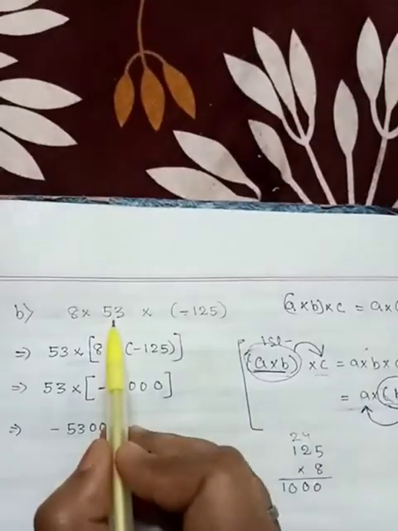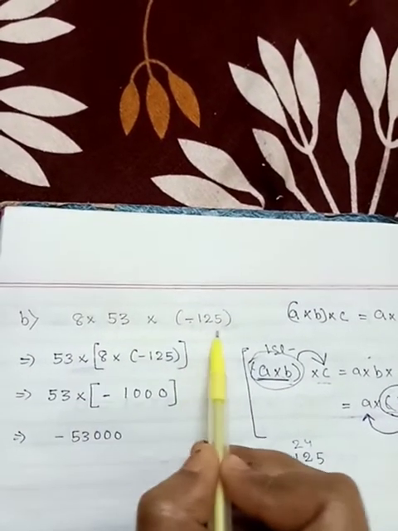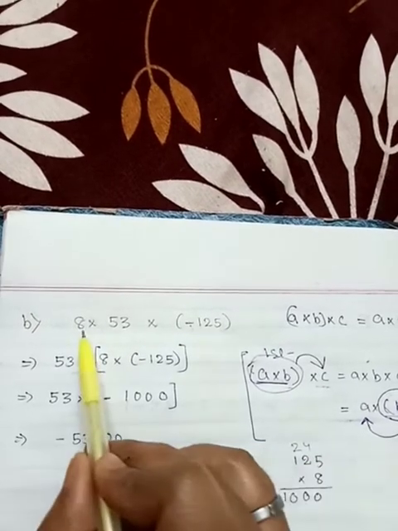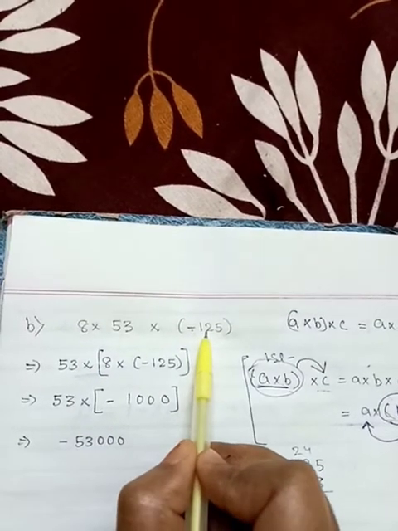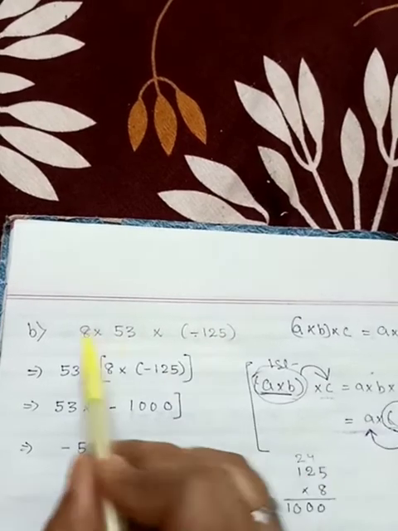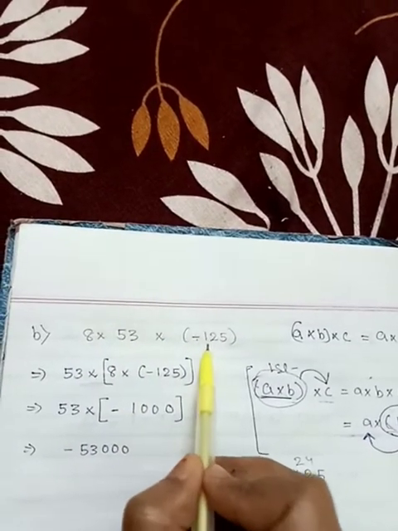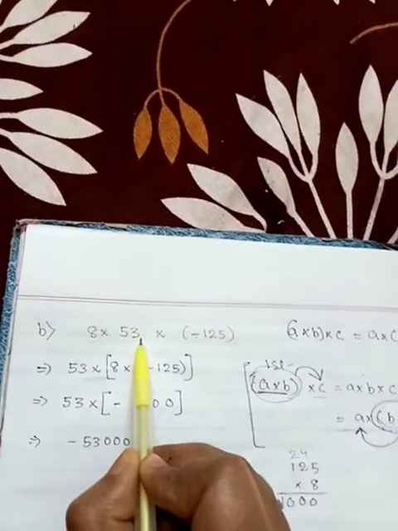So what we have done here, which one is easier? You see 8, -53, 125. We have to multiply these three together. Which is the easier one? We multiply 8 into 125 first, because this one is easier to multiply. Multiplying 125 with 53 is too difficult, no?